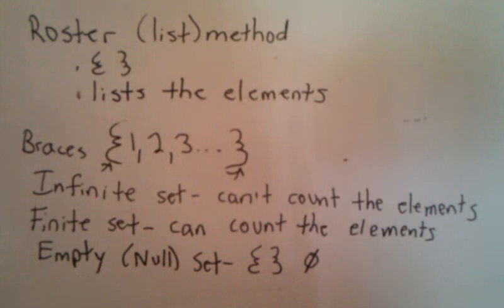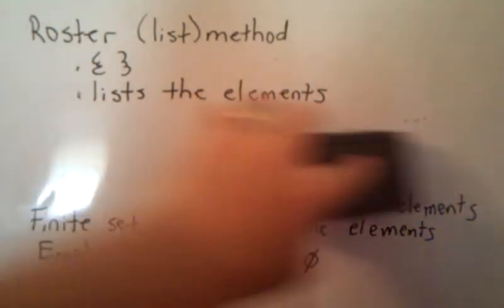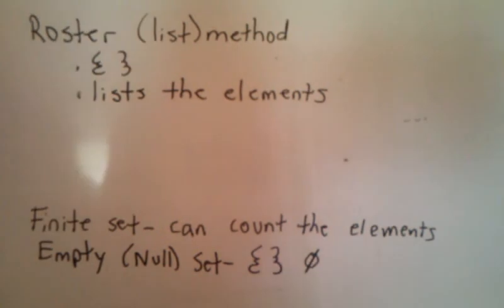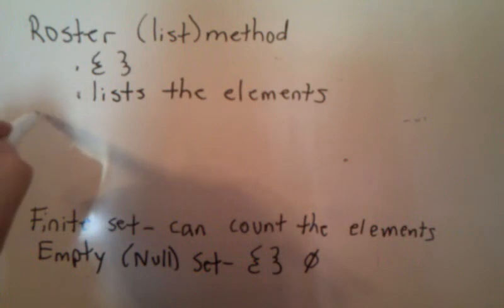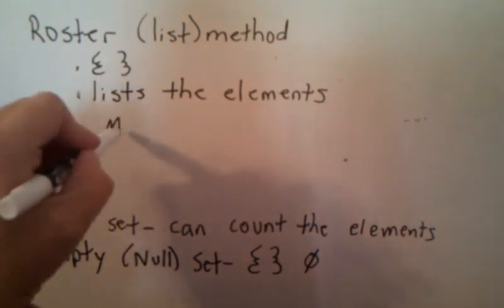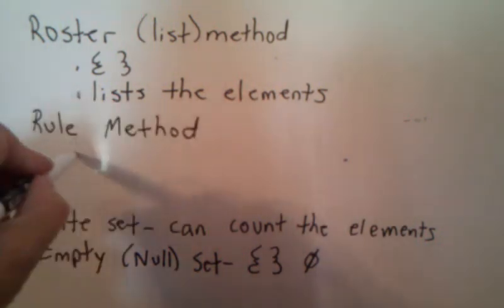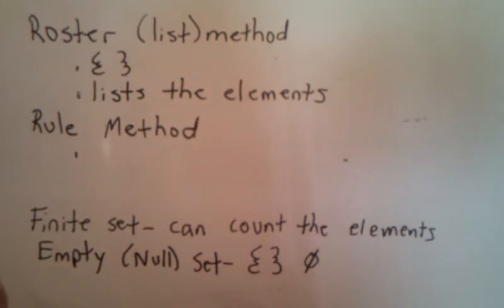But there's another way that we can describe sets. We can describe sets using the rule method. I don't know if we've talked about this before or not. The rule method, instead of listing the items, shows the rule for them.